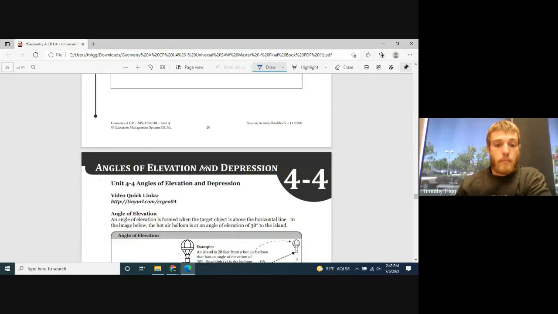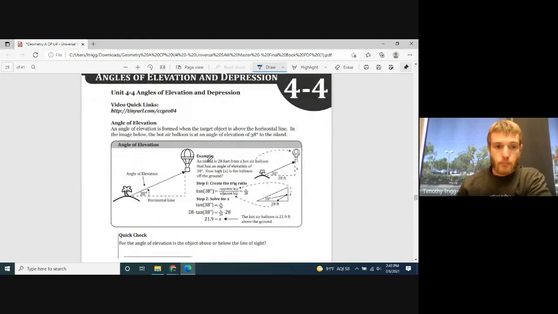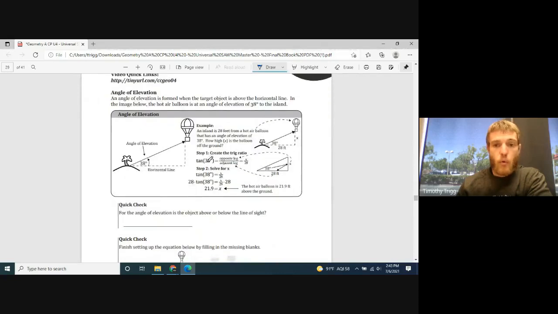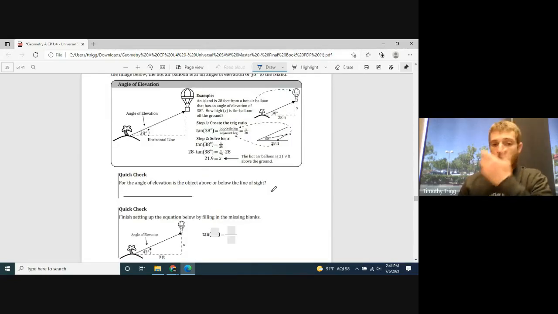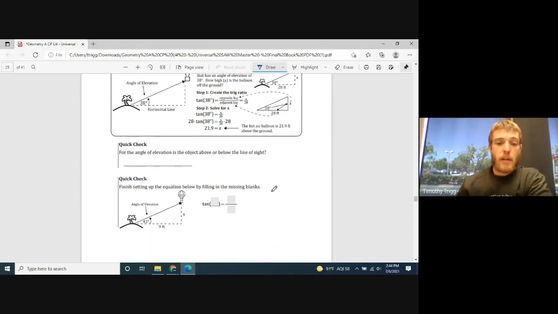All right, now we're going to move to section 4-4. There's a couple of vocabulary terms: angle of elevation and angle of depression. You can probably already guess what those mean. An angle of elevation is an angle going upwards.